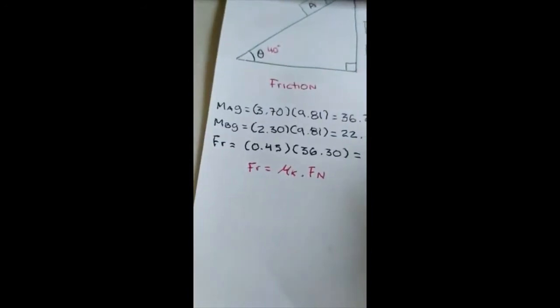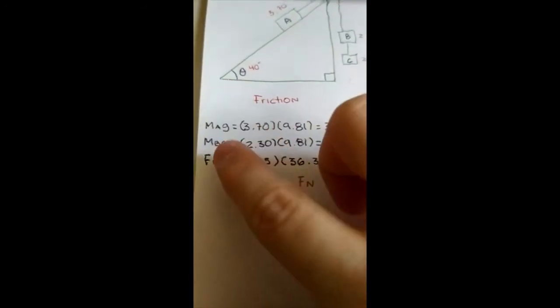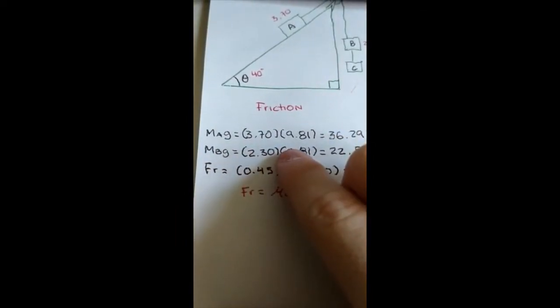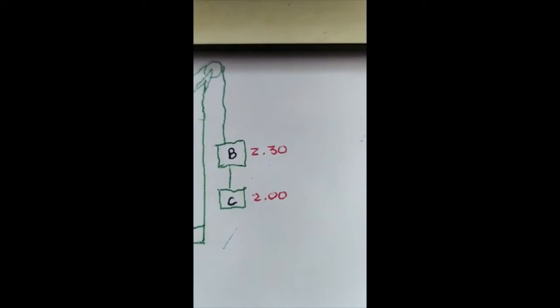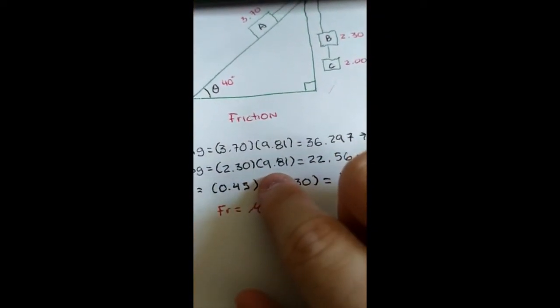And the second part is the same, but with the mass of B. We know that it's 2.30 kilograms, so it's 2.30 by the gravity, which is 9.81. This equals 22.56 newtons. I didn't round it up because the third number was lower than 5.